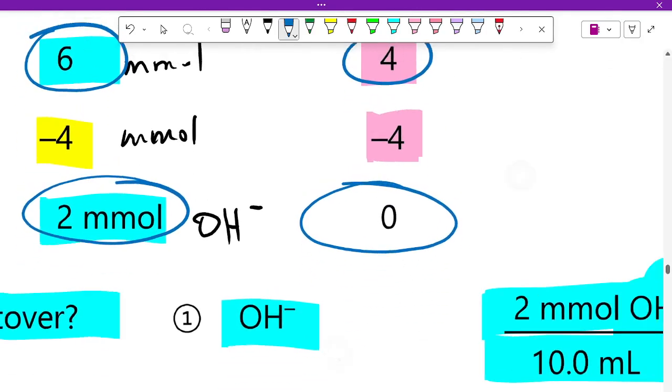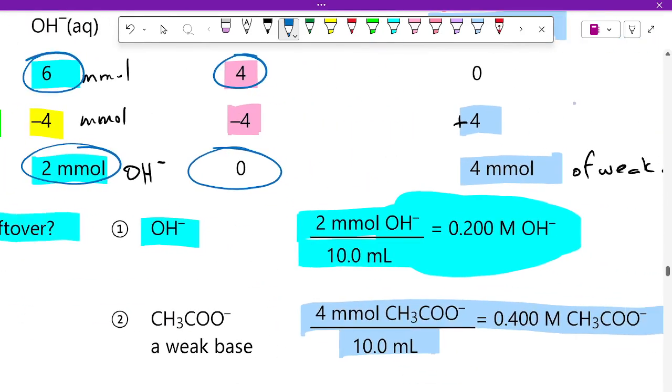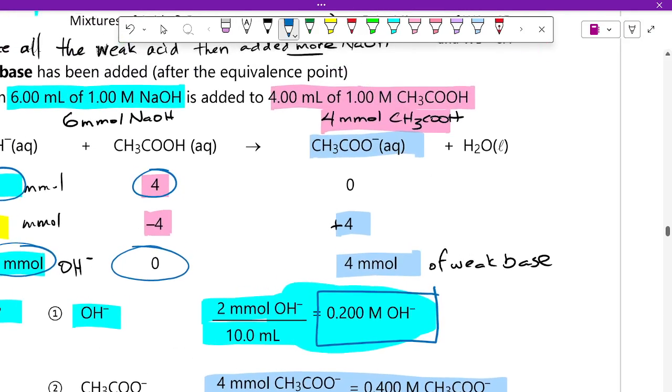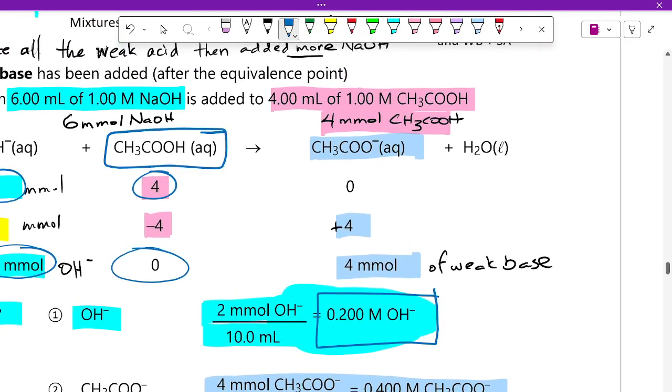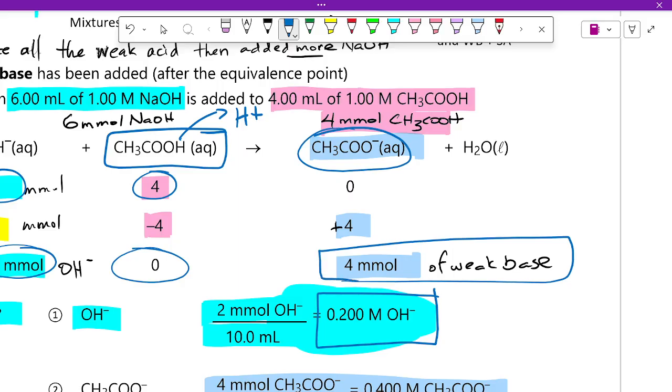Now, if we calculate the concentration of the strong base, the OH, it's 0.2 molar. What else is in our flask? Well, we neutralized all of the CH3COOH. We ripped off the hydrogens, and now all we have left is CH3COO minus. We have that conjugate base left, 4 millimoles of that weak base. Will that weak base make extra OH minus on top of this amount? Yes. Will it make enough to make a difference?